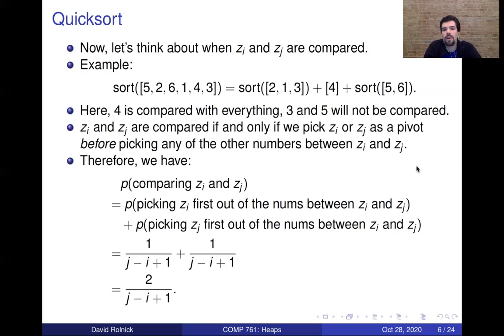So the probability we're looking for, the probability of comparing z_i and z_j, is just the probability of picking z_i first plus the probability of picking z_j first. And any of these numbers can be picked first with equal probability because we're just picking pivots randomly. So the probability we pick z_i first is 1 over j minus i plus 1. The probability we pick z_j first is 1 over j minus i plus 1. So the overall probability is 2 over j minus i plus 1.